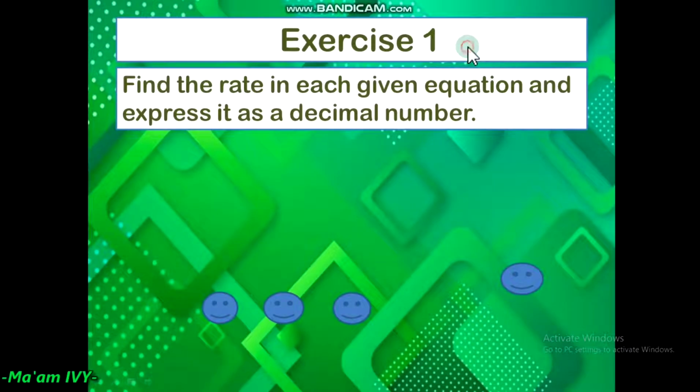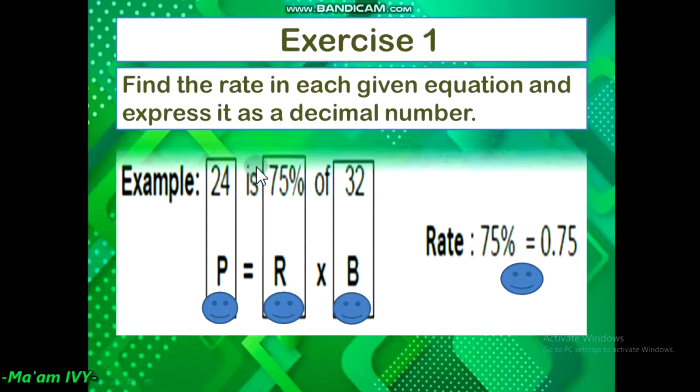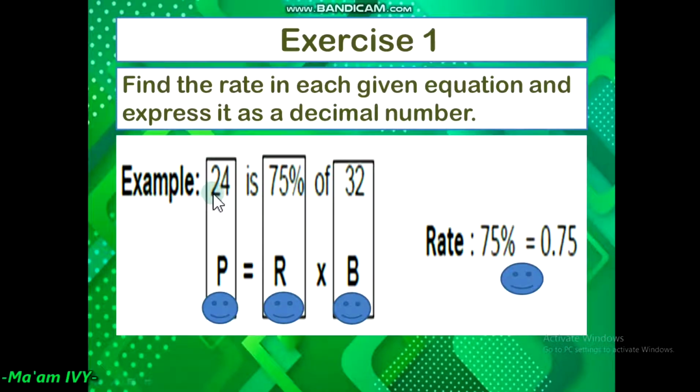Let us proceed to exercise 1. Find the rate in each given equation and express it as a decimal number. We have here the example: 24 is 75% of 32.